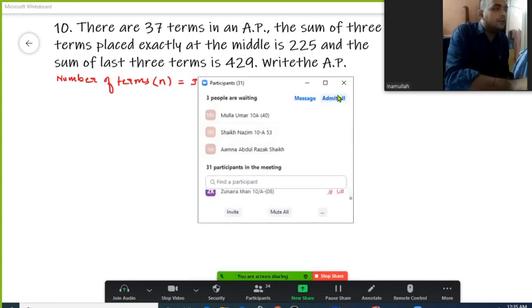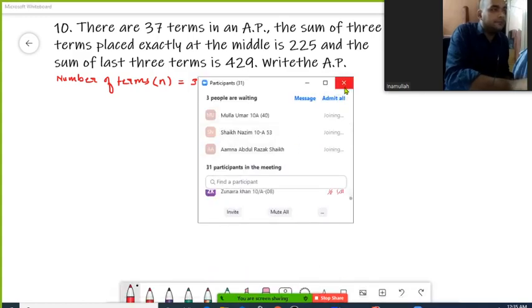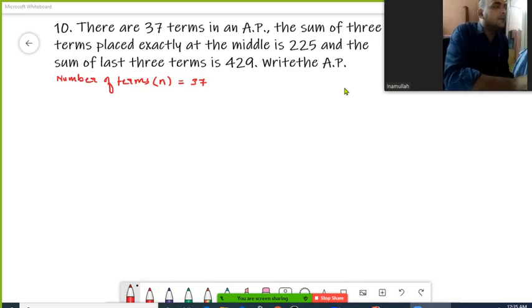In order to find the middle term, the (n plus 1) upon 2 th term is the middle term.